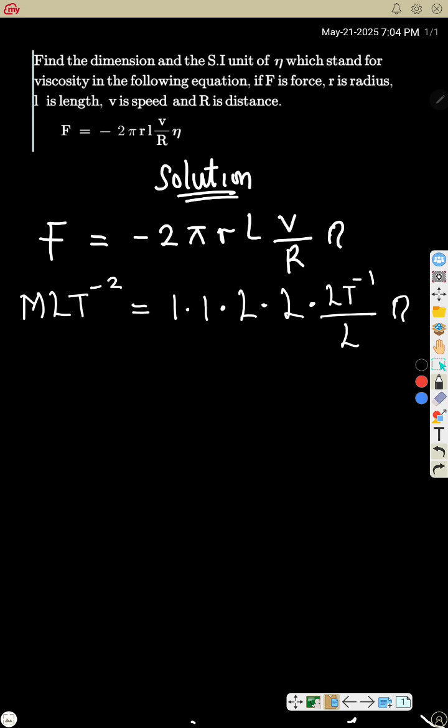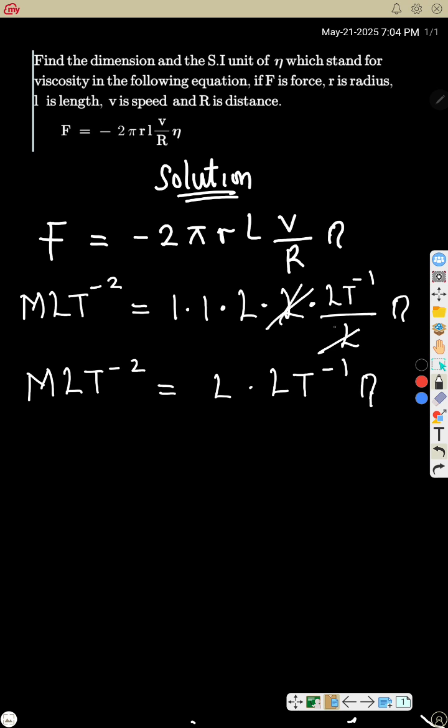Now you can see here that L can cancel L. So what I will have now is M L T raised to power minus 2 equals, remember this is 1 times 1, 1, then L times L T raised to power minus 1 times viscosity, because this L has cancelled, so it remains L and L T raised to power minus 1.